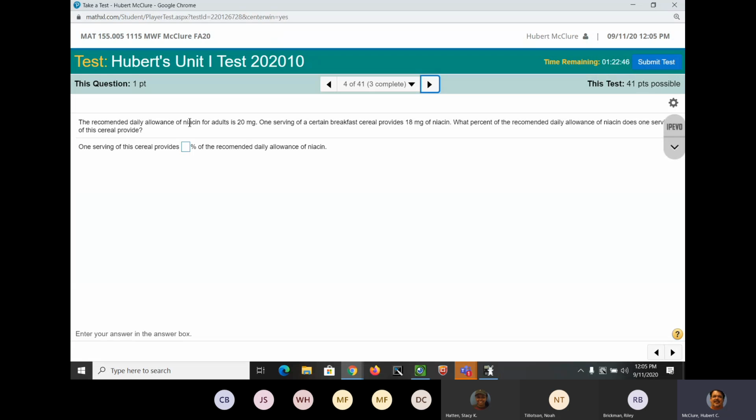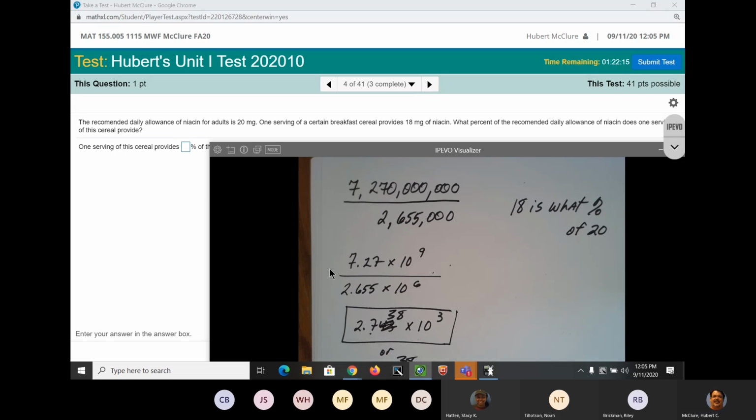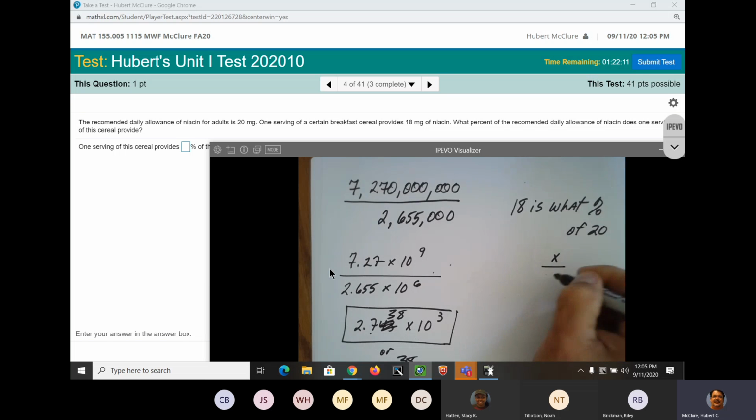The recommended daily allowance of niacin for adults is 20 milligrams. 1 serving of a certain breakfast cereal provides 18 milligrams of niacin. What percent, and so on. 18 is what percent of 20? Okay, what percent is x over 100?